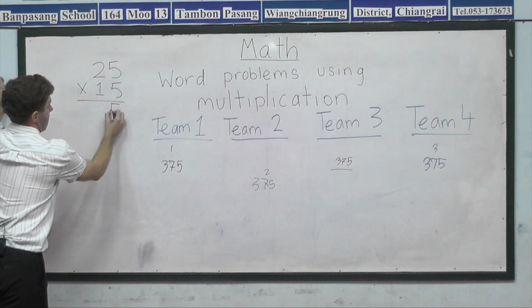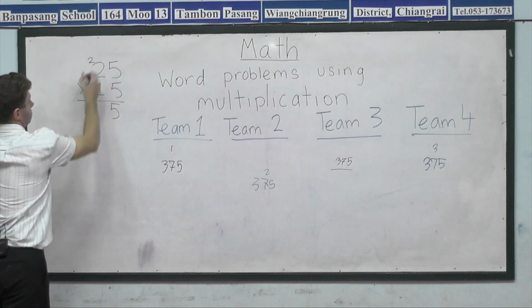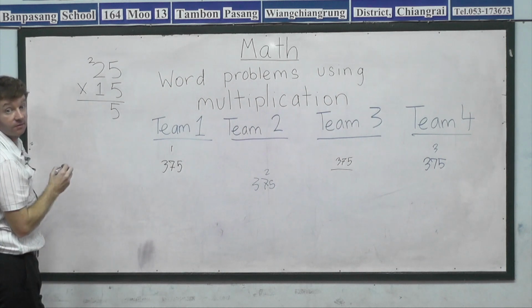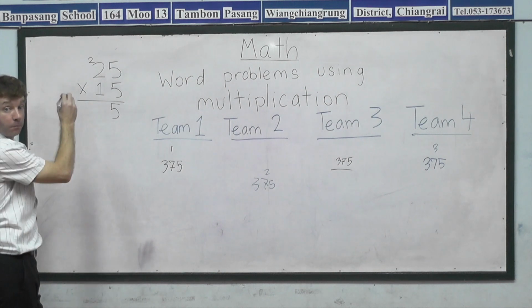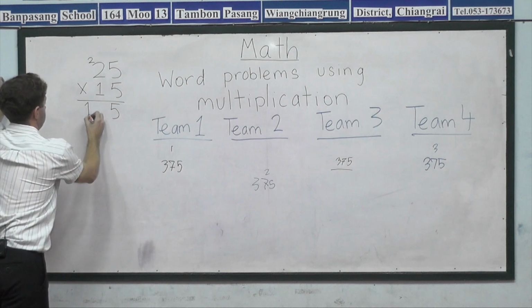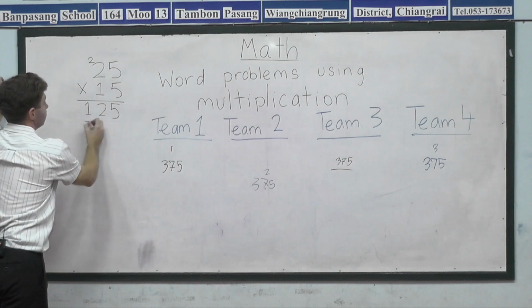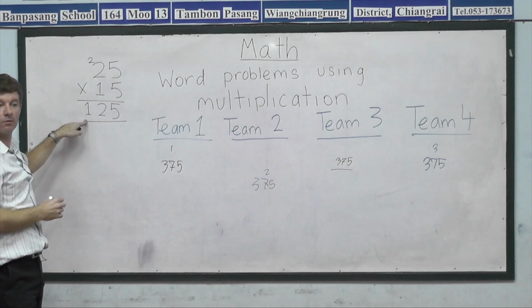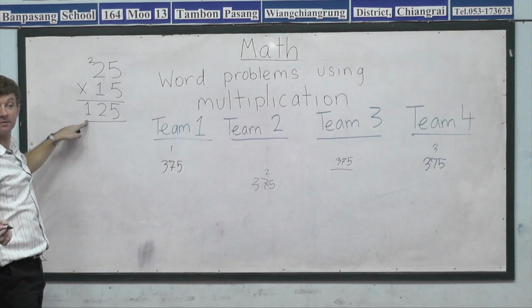So I write 5, carry the 2. 5 times 2 equals 10 plus 2 equals 12. So do we have our answer for step 1? Yes. What's our answer for step 1? 125. Excellent.